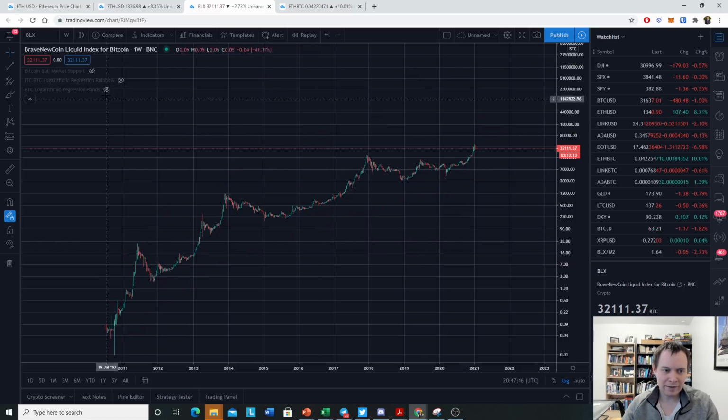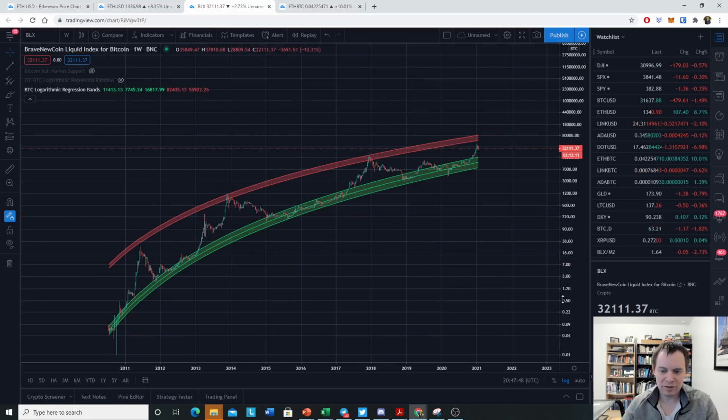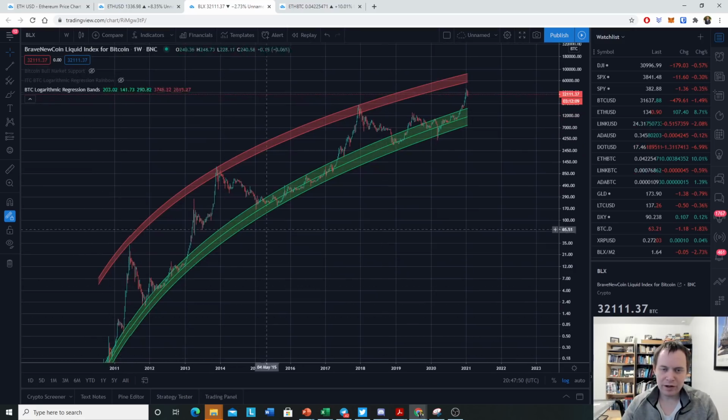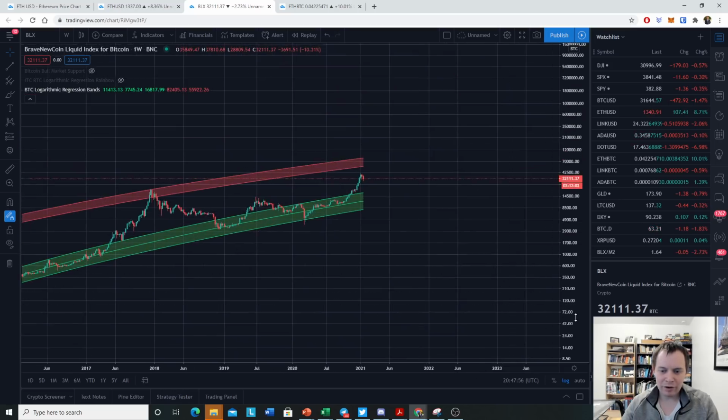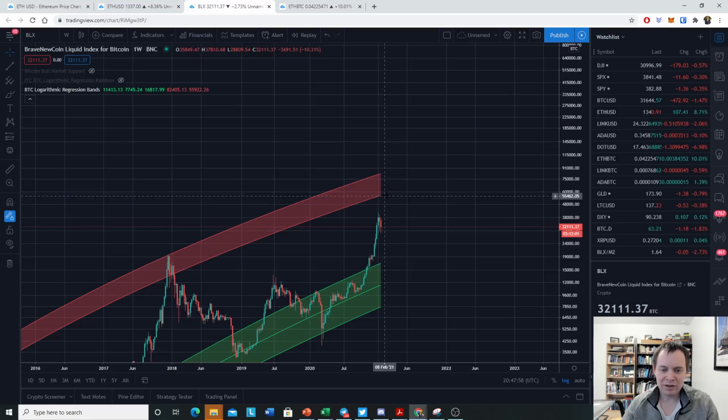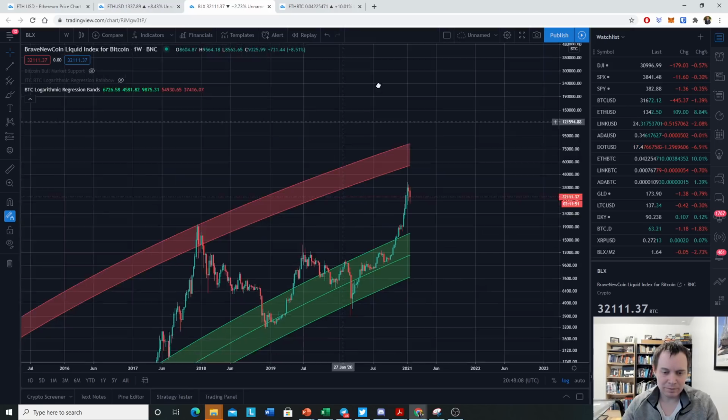If we hide this one and put on our regression bands in terms of our peaks, the green one I'm more confident in is fit to thousands of data points. The upper one is only fit to 3 data points. However, even with those 3 data points, we have not even reached into that peak regression band, which now ranges from around 55,922 up to 82,405. We have not even reached that at this point.